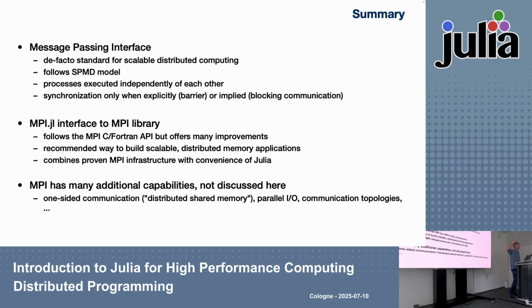MPI, with this message passing interface, is quite explicit. You always have to specify what kind of communication you're doing and what data is communicated. This is less of an abstraction and maybe a little bit more work to specify explicitly what communication is done, but then the overhead of the communication is also reduced.